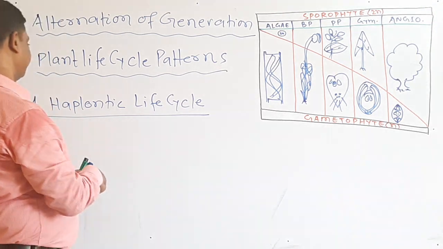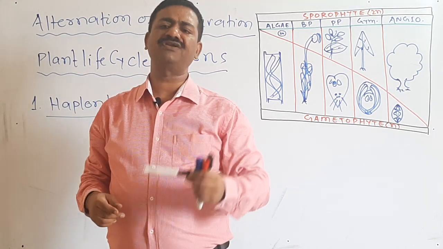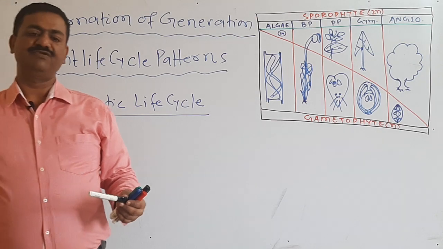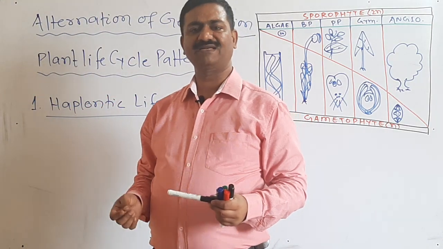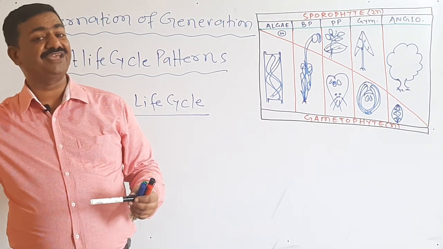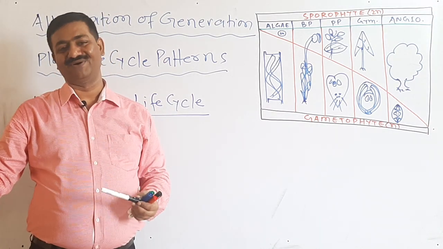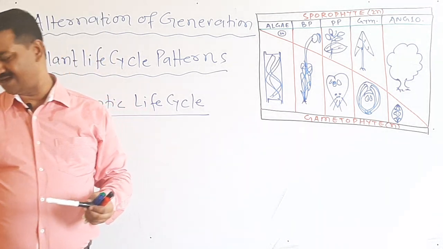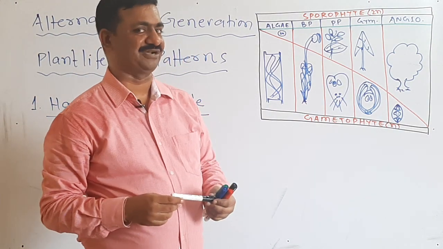So see, what happens in the haplontic life cycle? We find that the main plant body is haploid, right? And you all know that the haploid body is the gametophytic structure.